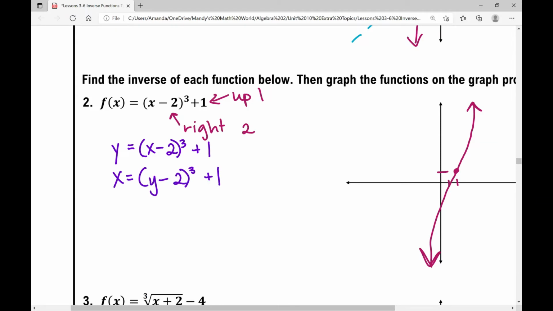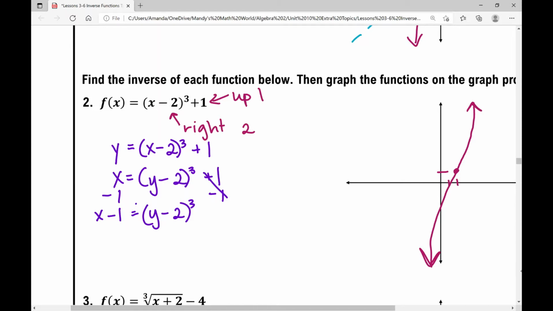And now our goal is to get y all by itself, so we kind of have to work from the outside in. So the first thing I need to do is subtract 1 from both sides. x minus 1 equals (y minus 2) cubed. And now I can't undo anything inside those parentheses until I get rid of that cube.